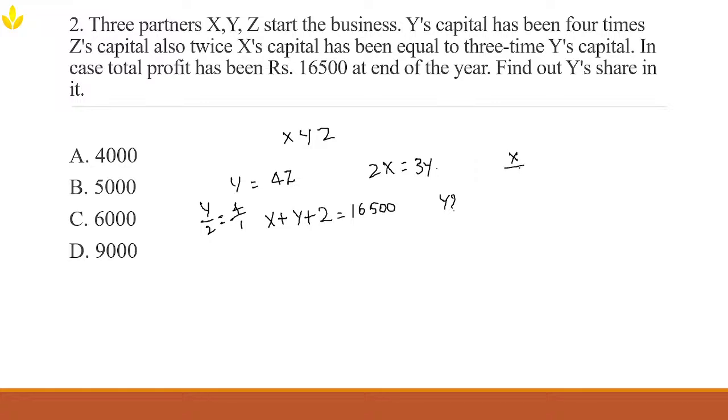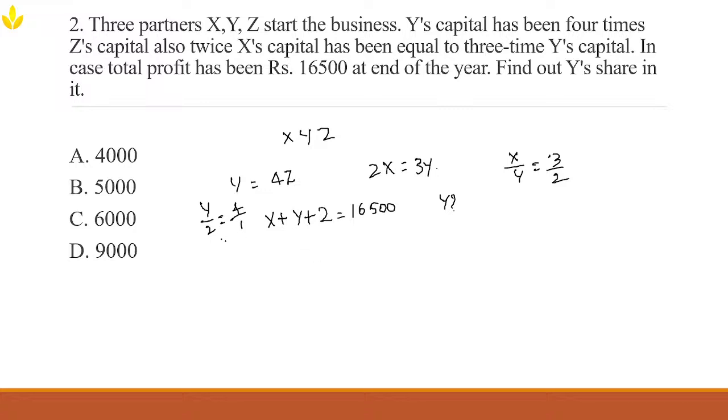And the ratio of X and Y is 3 by 2. So the denominators need to be equal, and we can take the LCM.